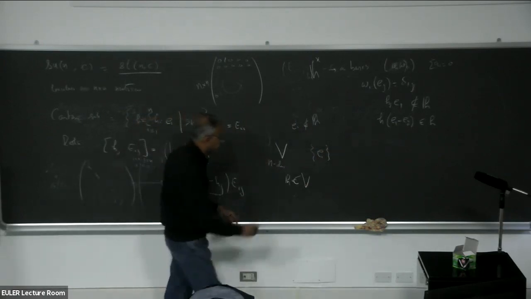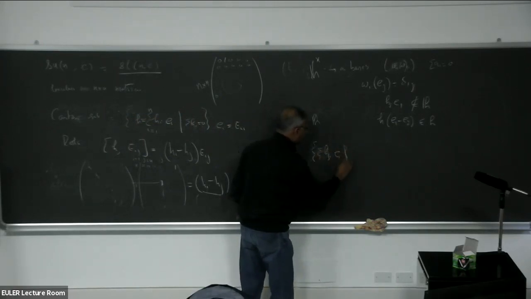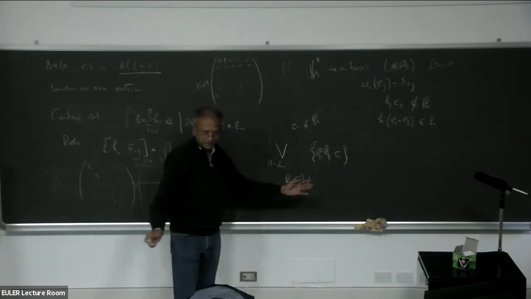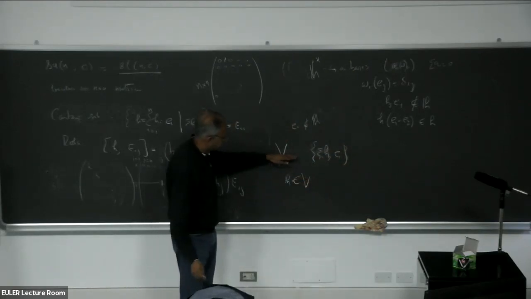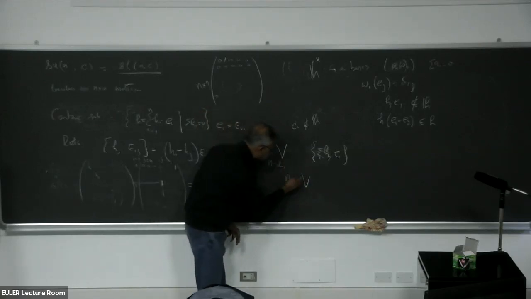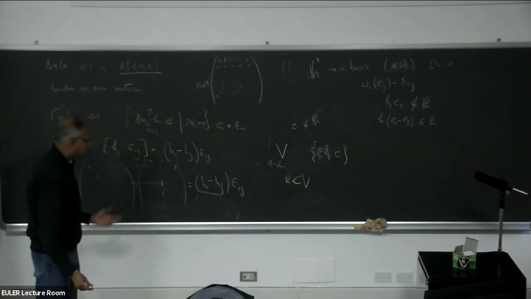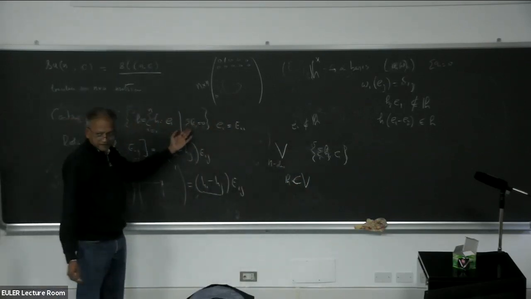V is defined by the sum over i of h_i E_i, but with no condition on h_i. h_i can be arbitrary. So this V is a bigger space, and H is a smaller space, a subset of V, where the constraint is that h_i should satisfy this condition.